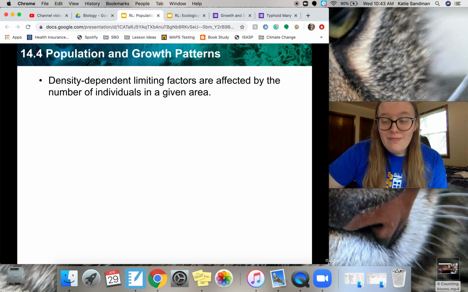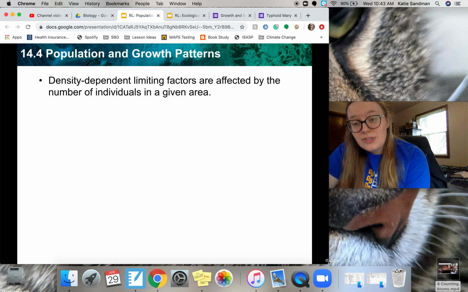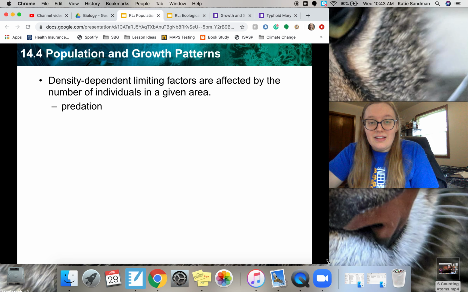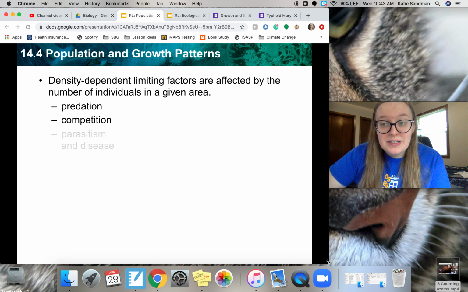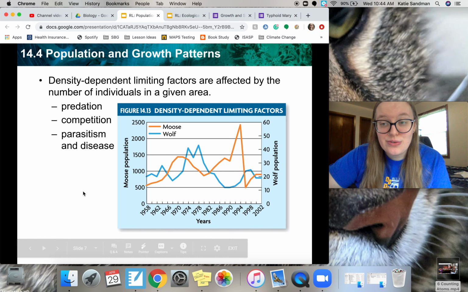These limiting factors would be predation, competition, and parasitism and disease. These three things really depend on how many individuals are in a certain population.